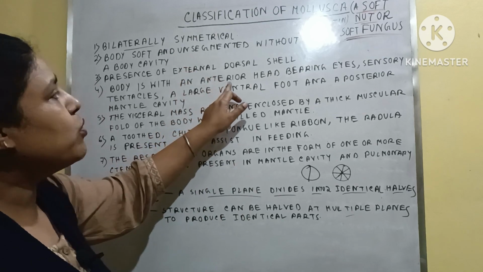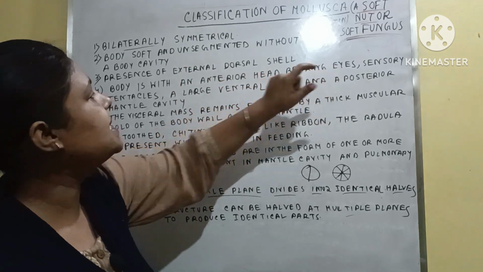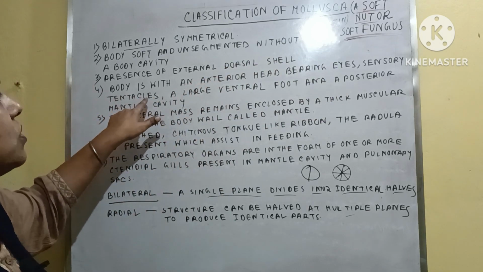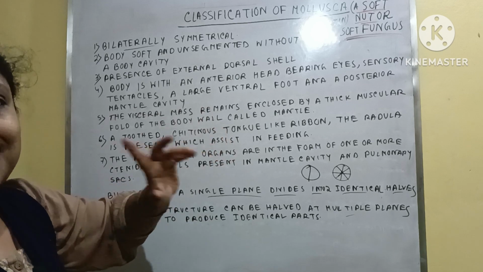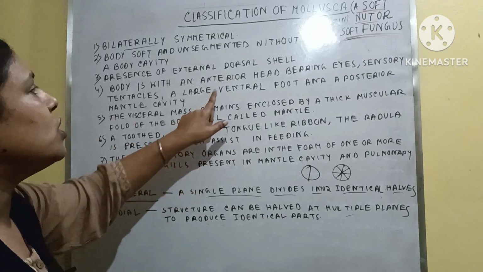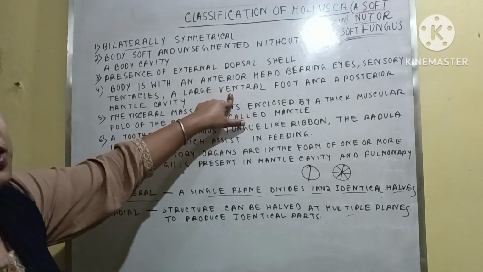In the anterior portion the head is present, bearing eyes and sensory tentacles. And there is another, a large ventral foot, that is also present. These are all present on the anterior side. Clear?